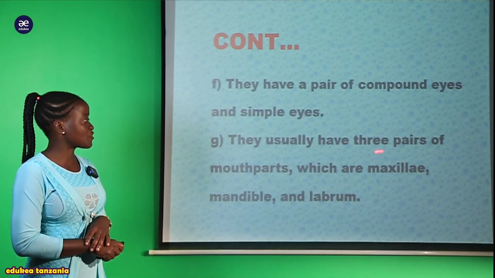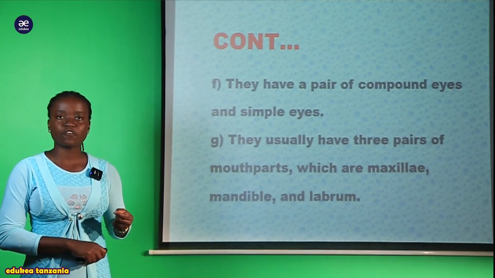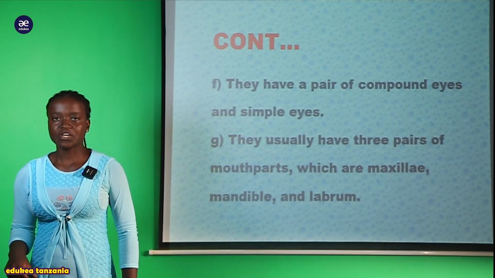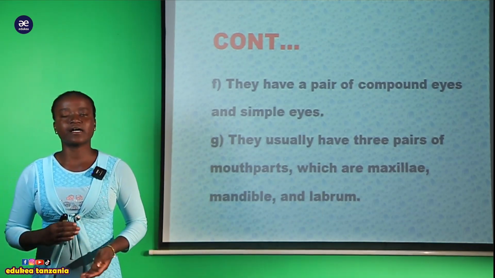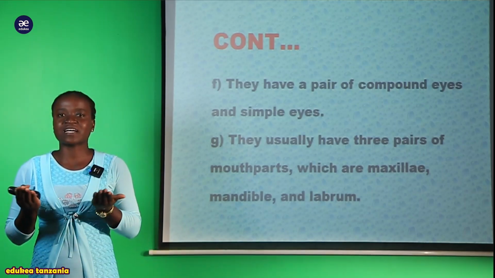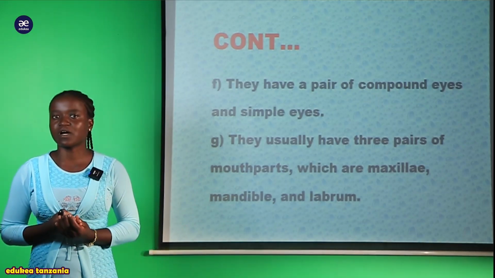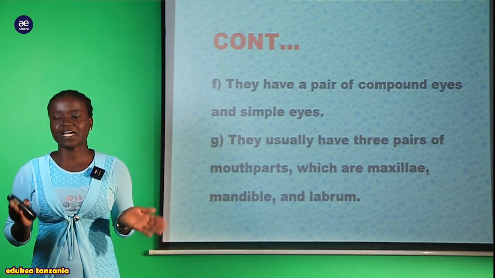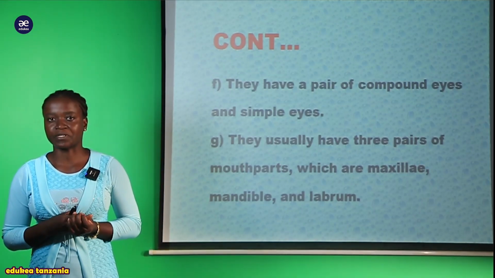Possession of 3 mouth parts that consist of maxillae, mandible together with the labrum ndiyo ambayo inafanya hao organism kuwa advanced ukicompare na the rest of the organism that we have seen kwenye phylum hii nzima ya Arthropoda.